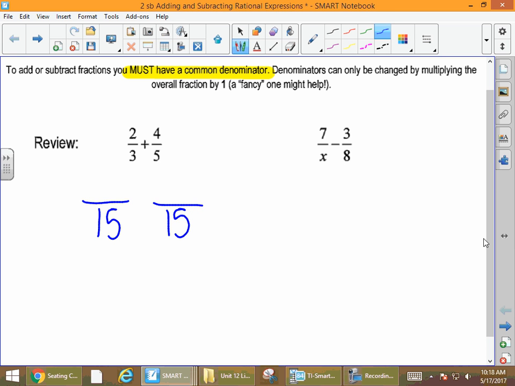It just might not always be the least common denominator, which is what we like to do when we're working with fractions if possible. Well, what happens is we took 3 and we multiplied it by 5 to get 15. And because we multiplied the bottom of the fraction by 5, we have to also multiply the top of the fraction by 5.